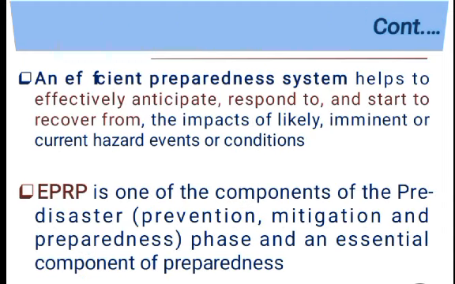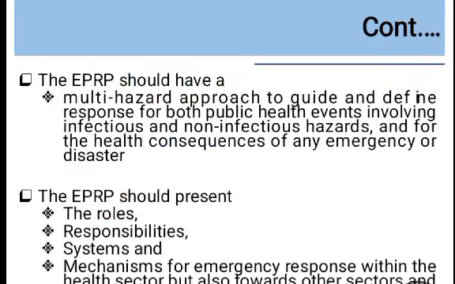An efficient preparedness system helps to effectively anticipate, respond to, and start to recover from the impact of likely, imminent or current hazard events or conditions. EPRP is one of the components of the pre-disaster or prevention, mitigation, and preparedness phase and an essential component of preparedness.